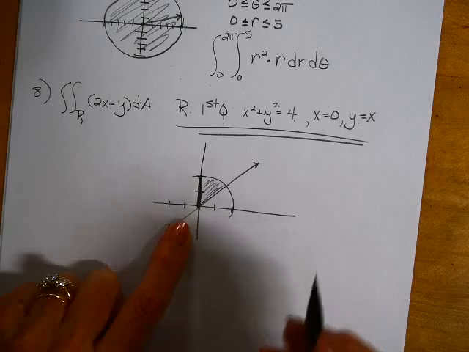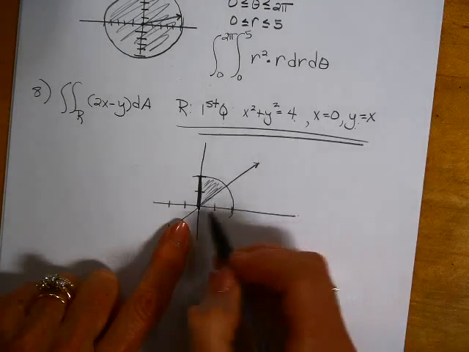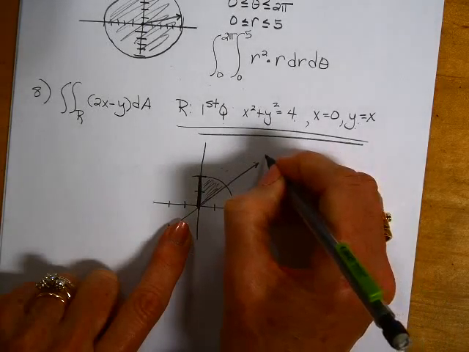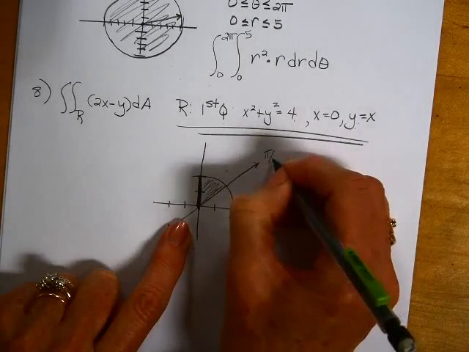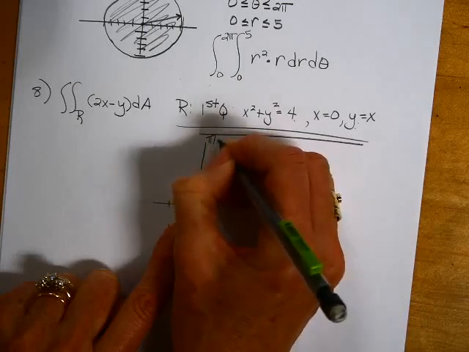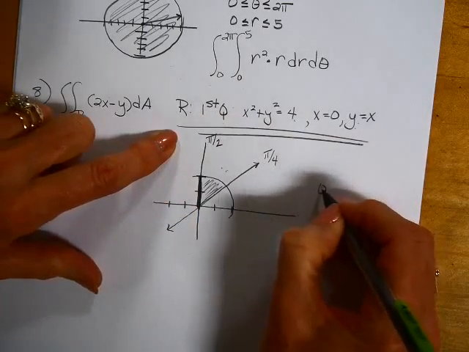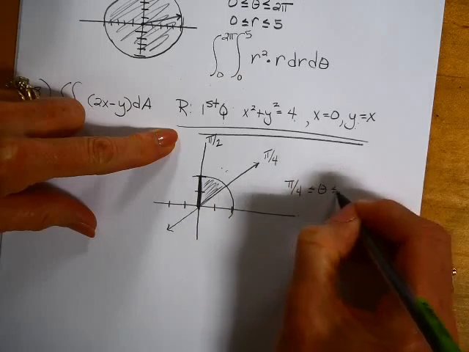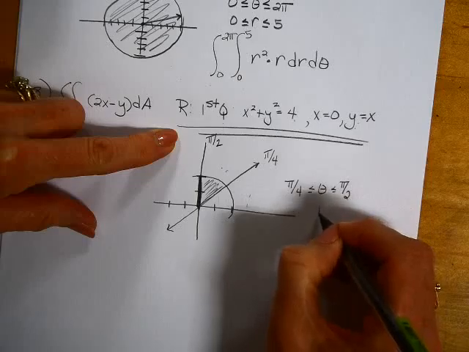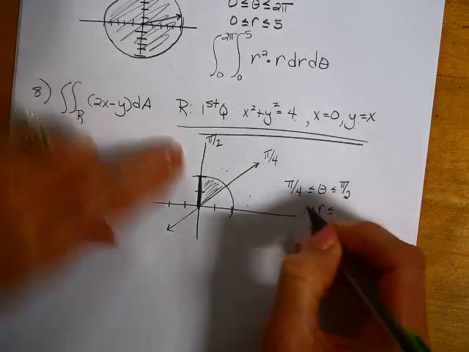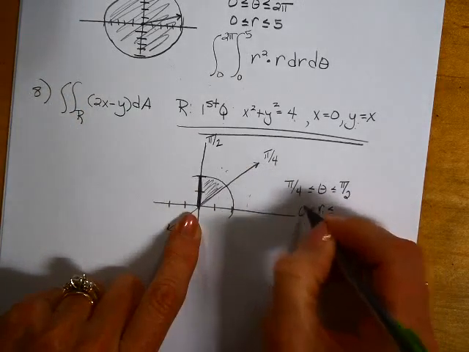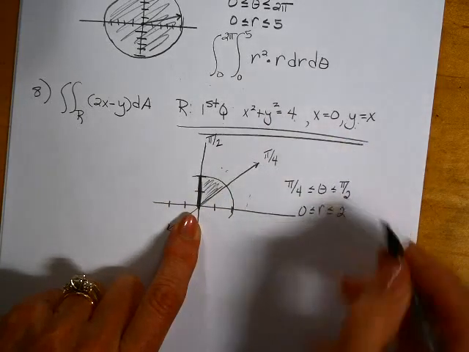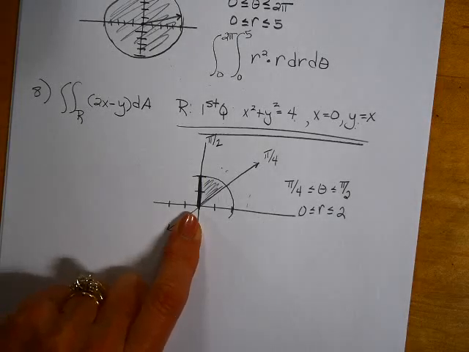Now, in terms of theta, this line y equals x splits this into two pieces, so this is the angle pi over 4. This is the angle pi over 2. So your thetas are going from pi over 4 to pi over 2. Your r is going from 0, this is the circle with a radius of 2, so your r's are going from 0 to 2.